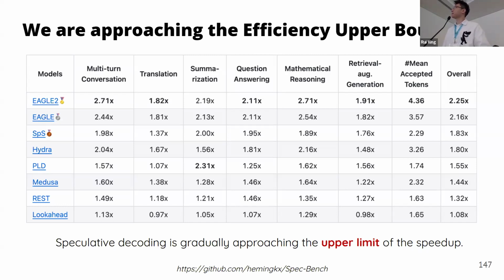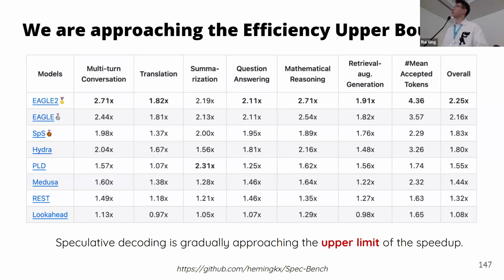And we can see that the mean accepted tokens gradually increases. Mean accepted tokens means the average number of draft tokens that get accepted in each decoding step. If we ignore the drafting latency and the verification latency, if we ignore all the latency, only considering the latency of the forward pass of the large language model, the mean accepted tokens is just an estimation of the final speed up, right?